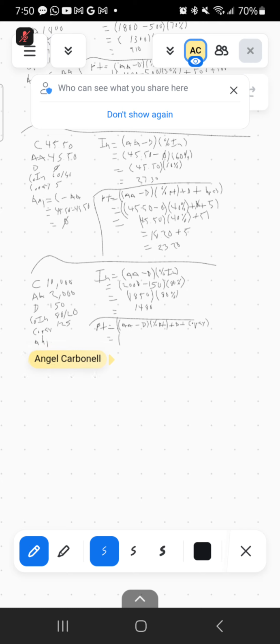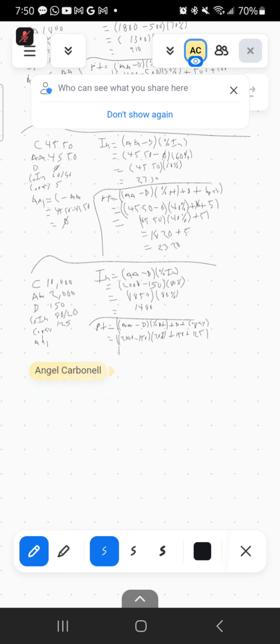The allowed amount is $2,000 minus deductible, that is 150, times 20%. Plus deductible, that is 150, plus copayment, that was 125.